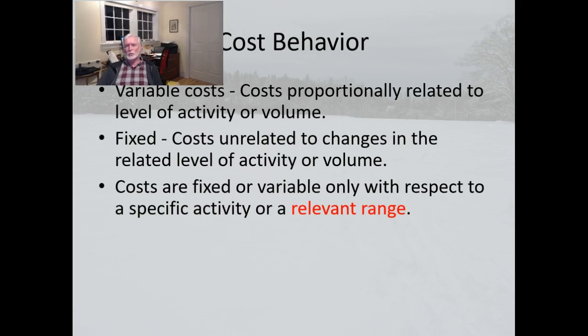At some point, when I get outside the relevant range, I have to build a second distribution center in order to handle the volume, and therefore my fixed costs change dramatically at that point. I have to build another building, which becomes a fixed cost. So the fixed costs that we use in cost accounting are accurate within a relevant range, within a range of activity. That's an important concept.